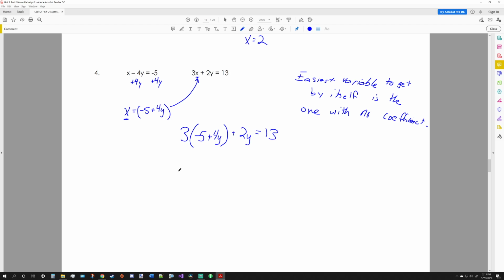So distribute: negative 15 minus 12y plus 2y equals 13. Combine like terms, these two are on the same side, so I'll just add them together as a negative 12y and a positive 2y would give me a negative 10y, and I still have a minus 15, which I can add to both sides.